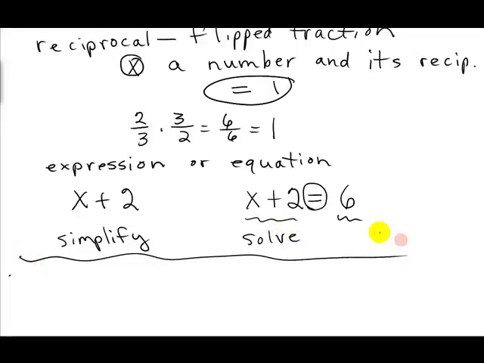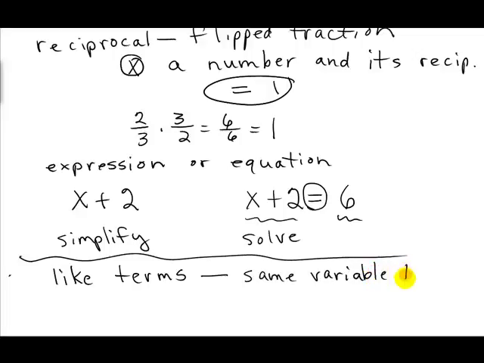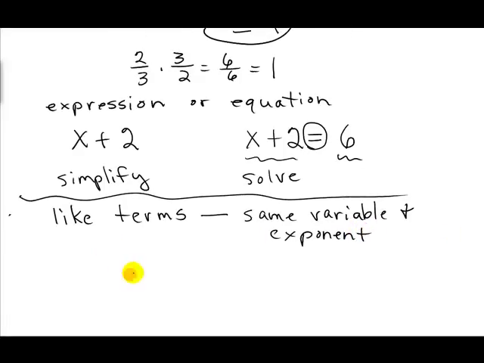When we look at either one of these, we may be combining like terms. Like terms have the same variable and exponent. 3x and 5x are like terms. 3x squared is not like these because of that exponent.